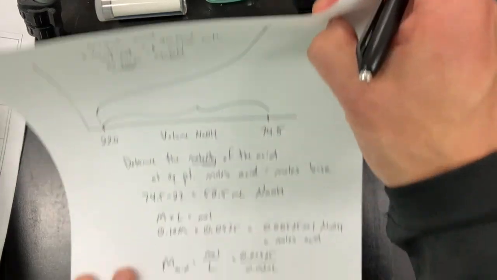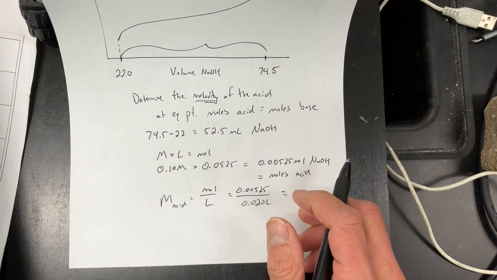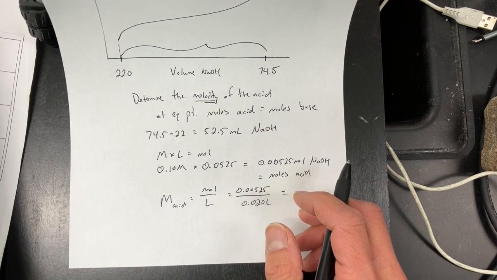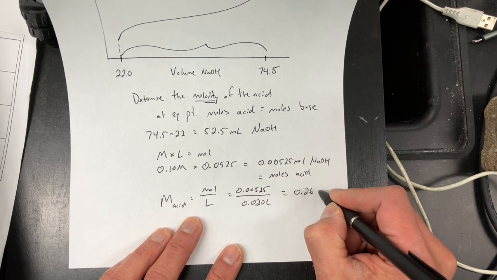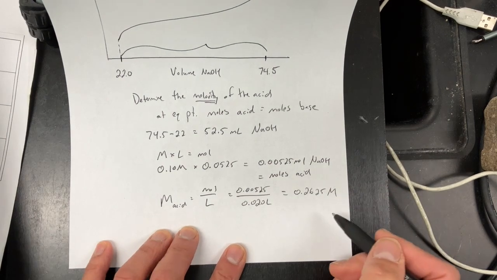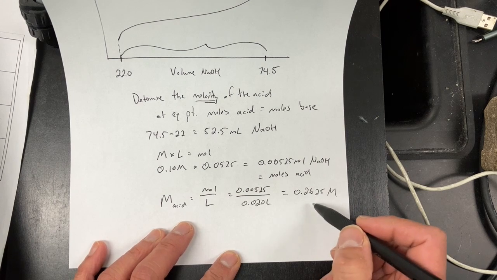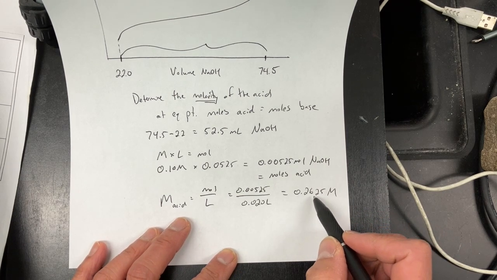Okay, that's how much acid I titrated, and that gives me 0.00525 divided by 0.020, which is 0.2625 molar. Okay, so this is not going to be what yours is going to get, but in this case, let's say I have 0.2625 molar.